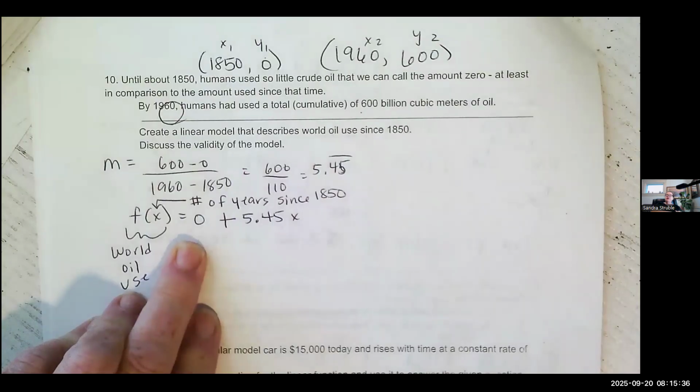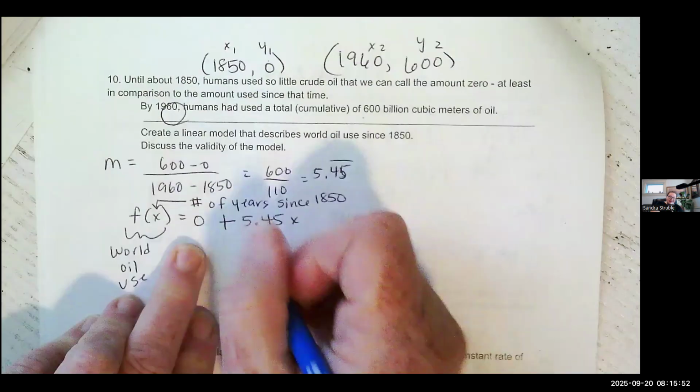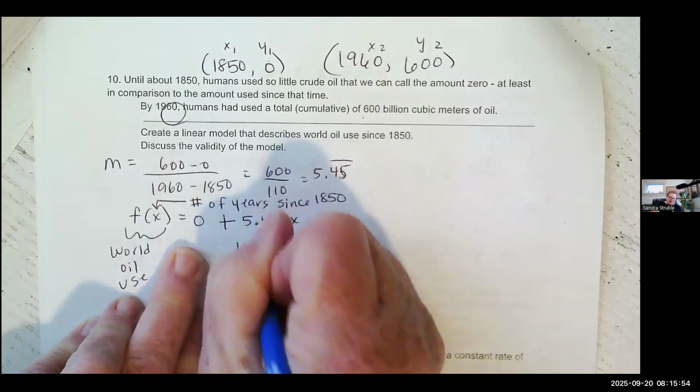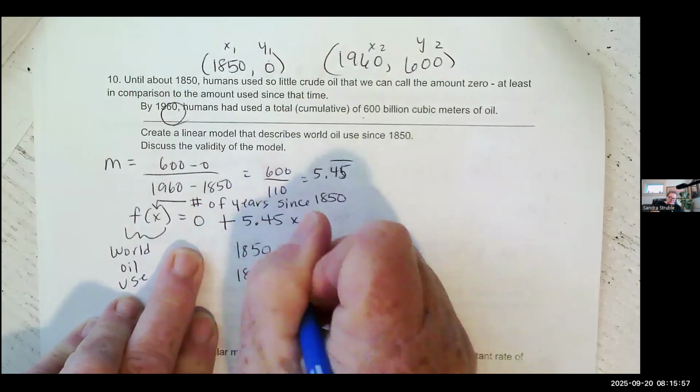So, speaking to the validity of the model, how would the world have gone from 0 use of oil to 5.45 billion cubic meters of oil from 1850 to 1851?